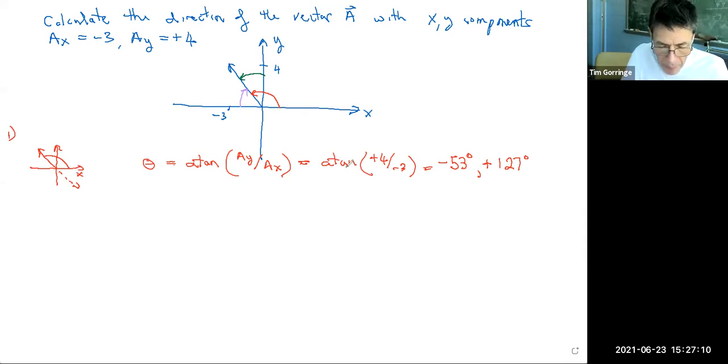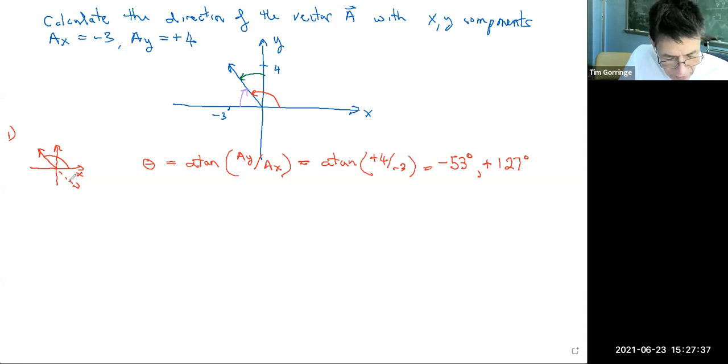And so the inverse tangent of minus 1.33, the ratio of the y and x components, gives us these two angles. You have to pick the one that matches your particular vector. In our case, we can immediately see it looks like this is 127 degrees in the positive direction around to the vector that we have.